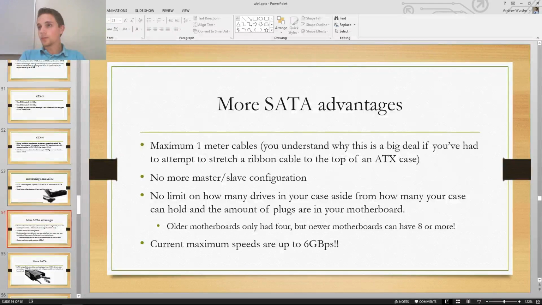Instead of messing around with the jumpers to say this one's going to be the primary and the secondary, cable select would automatically assume that the end of the cable is the primary. The one in the middle would be the secondary. Oh, wow. Which everyone eventually ended up using anyway because they got sick of moving jumpers around.